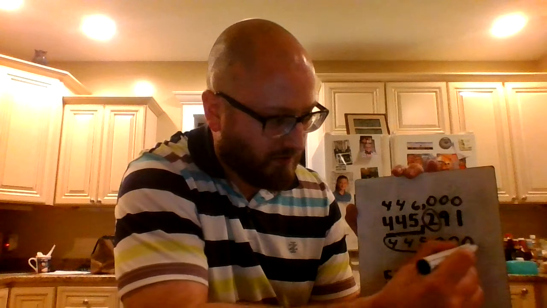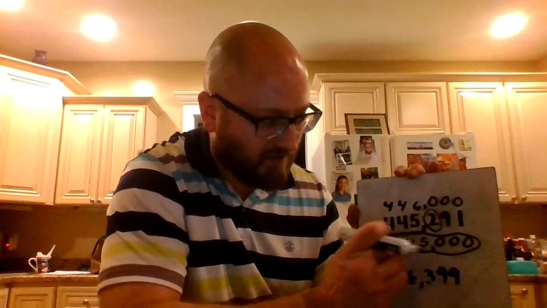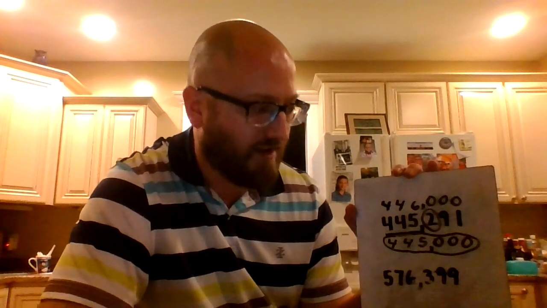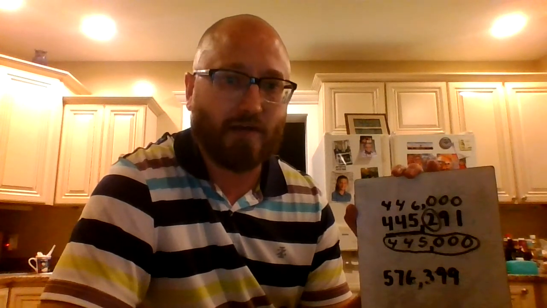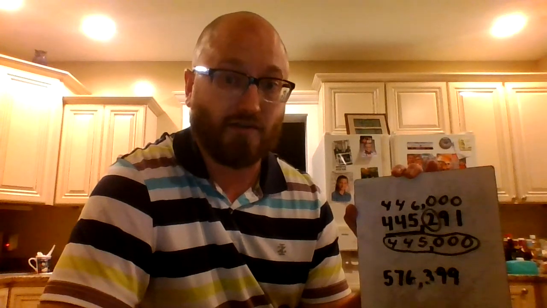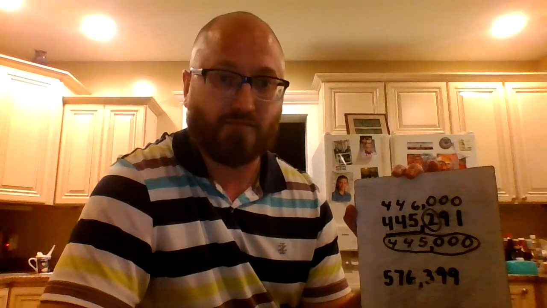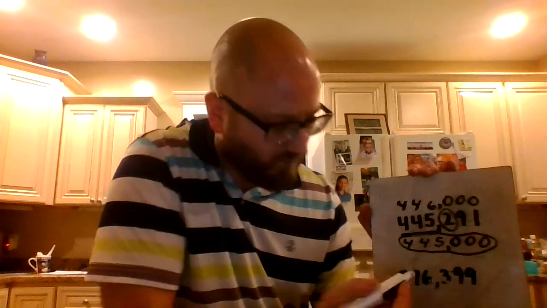In this case, the bossy number is telling us that 445,000 is the answer. So 445,291 rounded to the nearest thousand is 445,000.